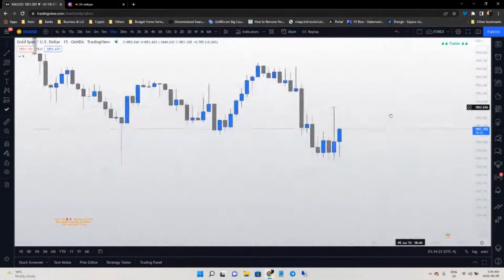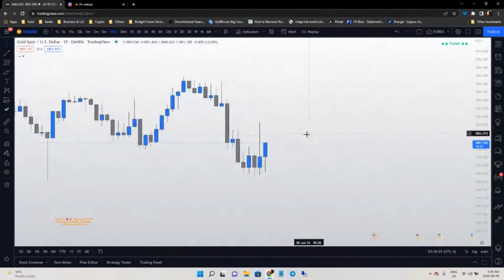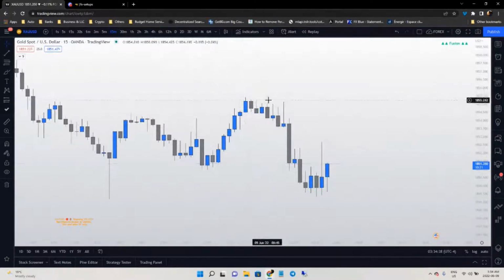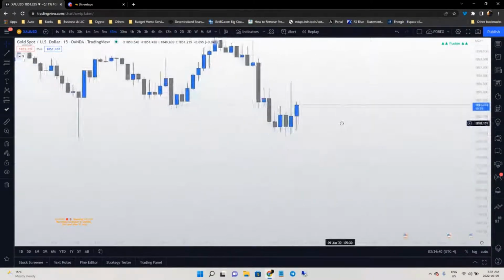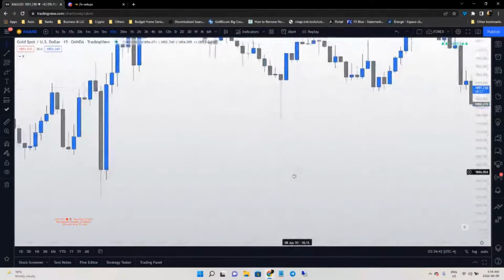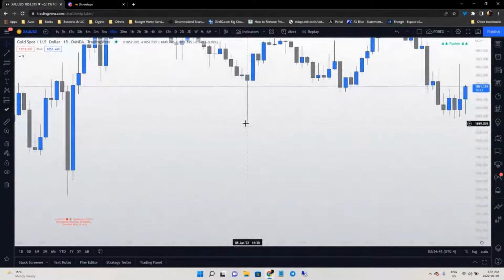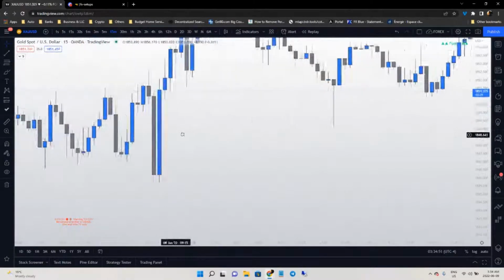My expectancy on gold right now is to go on those highs, because there was a swing here and there's still some liquidity on top, and then go down. And if we look, they still went to 50% of that move, and that was a bullish move.